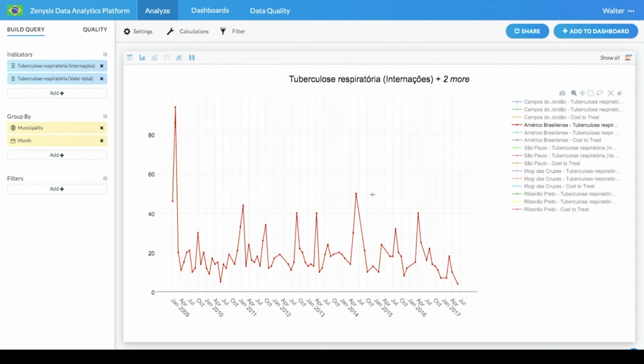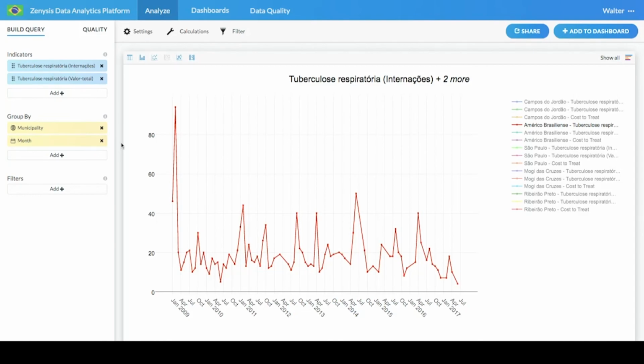From the perspective of an analyst looking at this data, these two reports of 50 and of 94 cases of respiratory tuberculosis might warrant further follow-up and interrogation to determine if those reports were in fact accurate or if they were as a result of data quality issues.